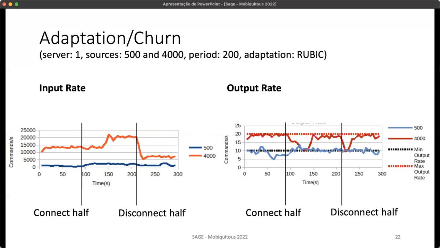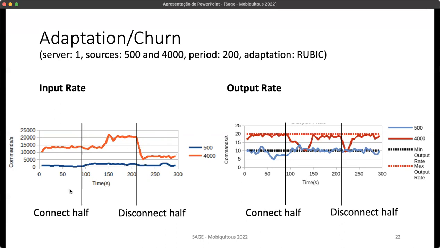This can be used to simulate, for instance, that we had 4,000 sources and one of the servers goes down, so 2,000 move from that server that went down to the other existing server. And then a little bit after, 2,000 disconnect. So we have 2,000, then 4,000, and then 2,000.